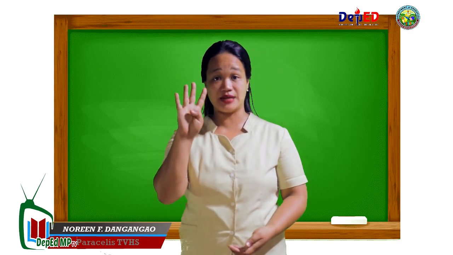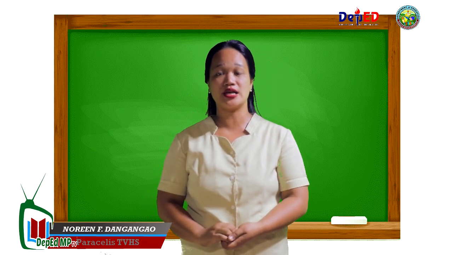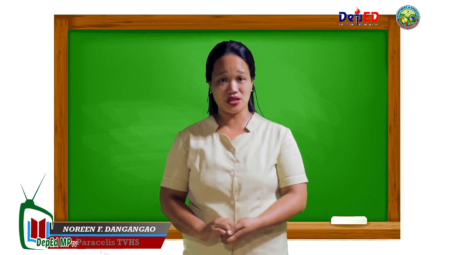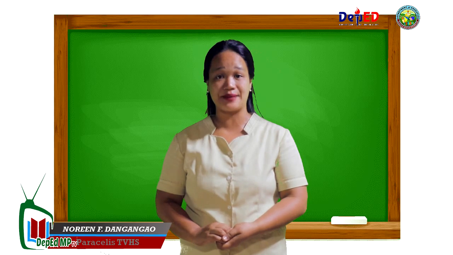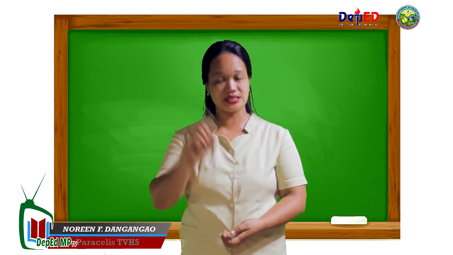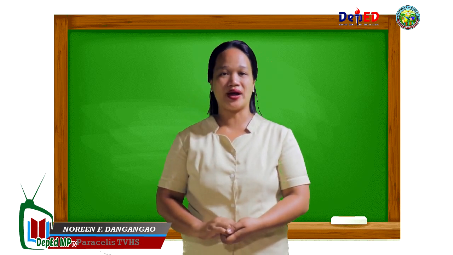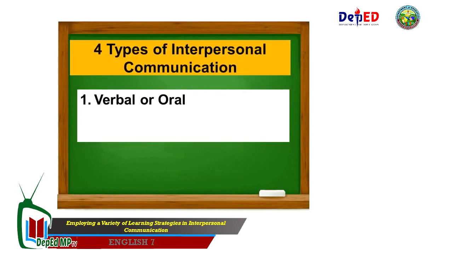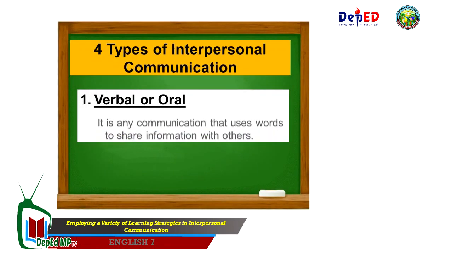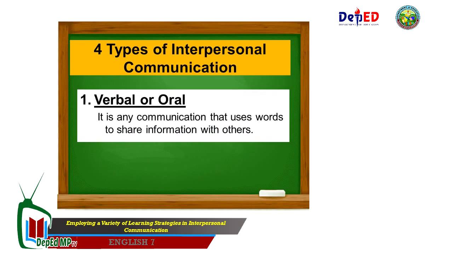There are 4 types of interpersonal communication. Take note of the differences of each type. First, verbal or oral is any communication that uses words to share information with others. 2.